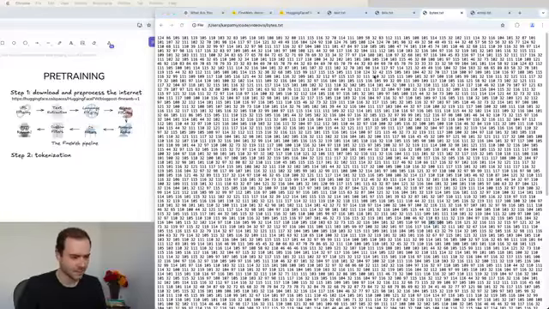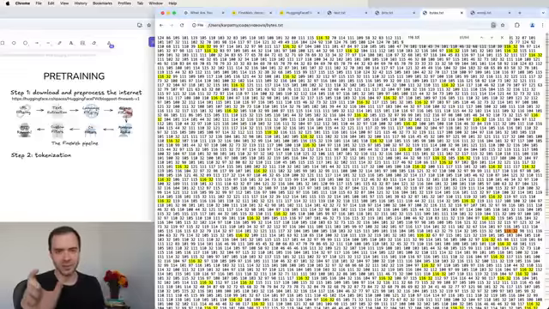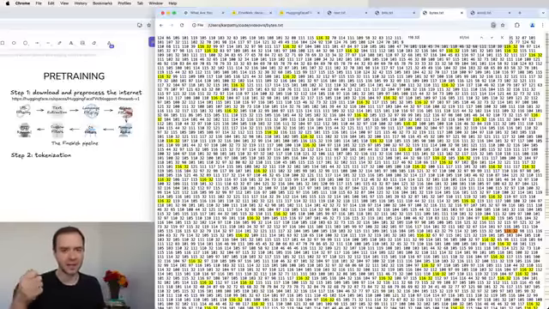So for example, it turns out that the sequence 116 followed by 32 is quite common and occurs very frequently. So what we're going to do is we're going to group this pair into a new symbol. So we're going to mint a symbol with an ID 256, and we're going to rewrite every single pair 116 32 with this new symbol. And then we can iterate this algorithm as many times as we wish.